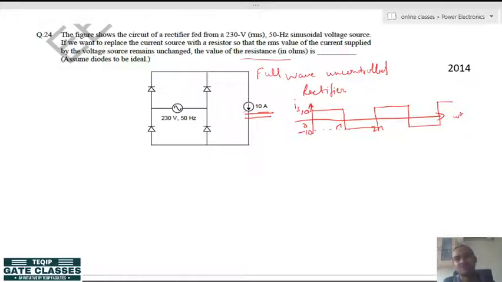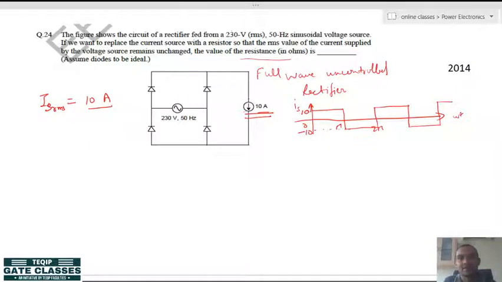So, obviously, it is a square wave. When it is a square wave, what should be its RMS value? If you find Is RMS, you square it and take the square root over the half time period, and that will be 10 amperes only.